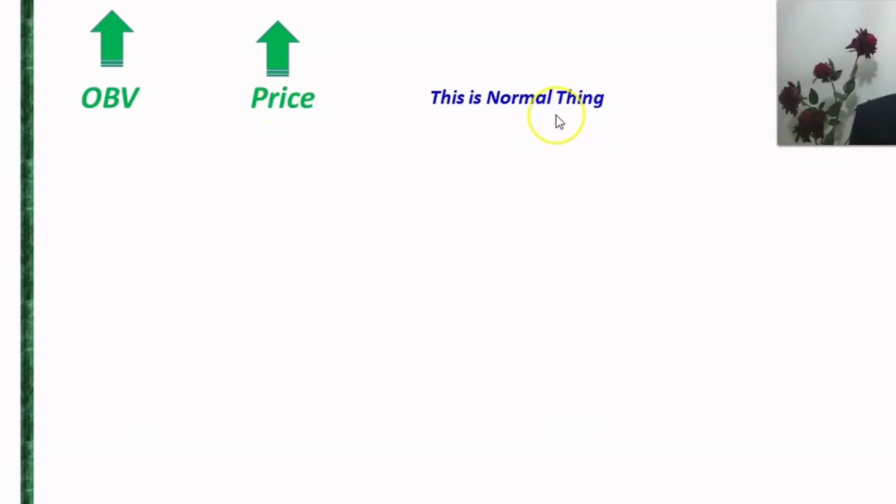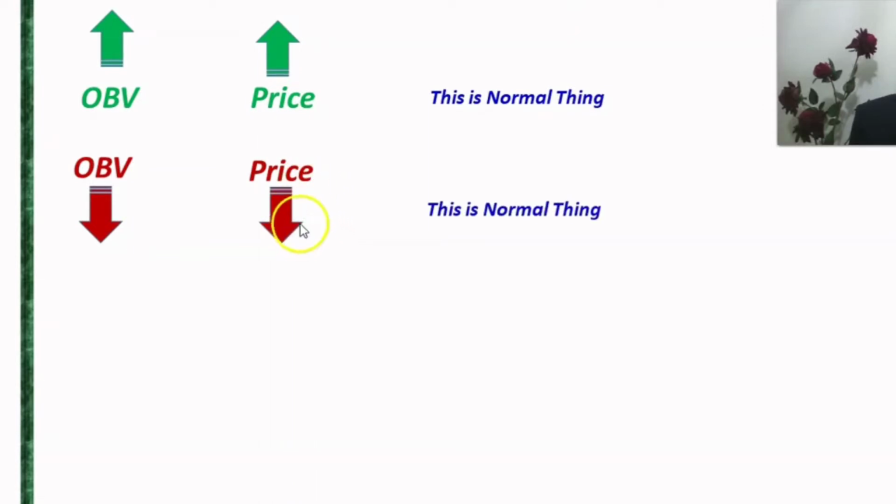There is nothing new or great in this. Similarly, if the on balance volume is going down, more number of people are selling, so the price will come down. This is also normal, nothing unusual in this.